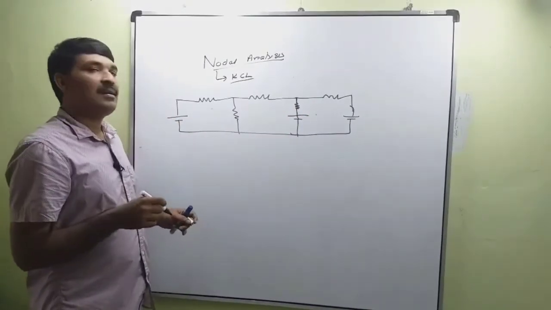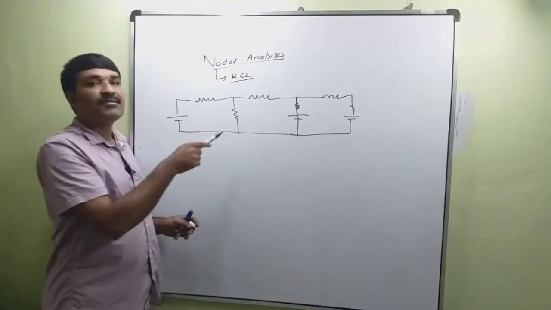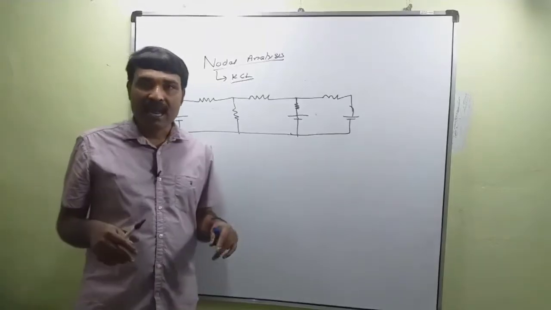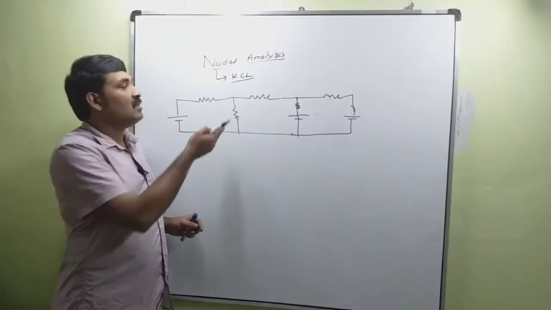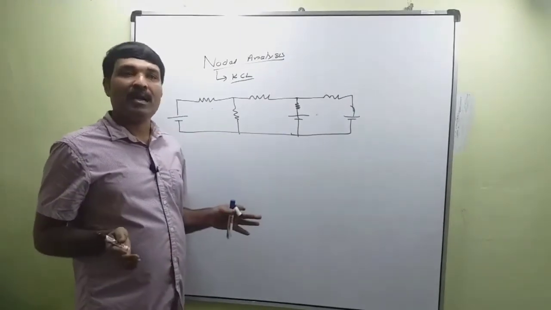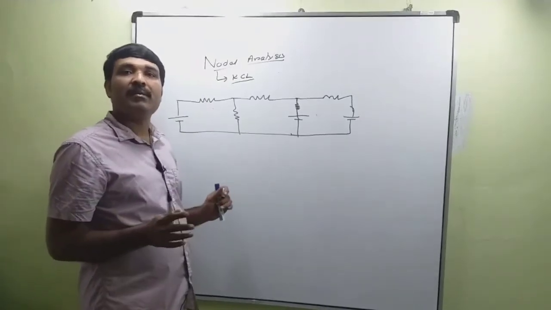Now, analyzing the circuit means we want to determine the currents flowing through each element and the voltage across each element, and we can also calculate the power absorbed by each element. These are resistances, so they always absorb power and the energy associated with that power.